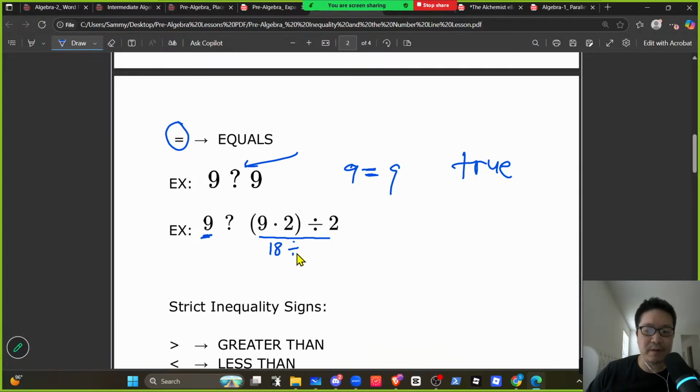What's 18 divided by 2? 9. So on the right side we have 9, and on the left side we have 9. Are these equal? Yes. At first they don't look equal, but when you work it out, 9 times 2 is 18, and 18 divided by 2 is 9. We find out that they're indeed equal.